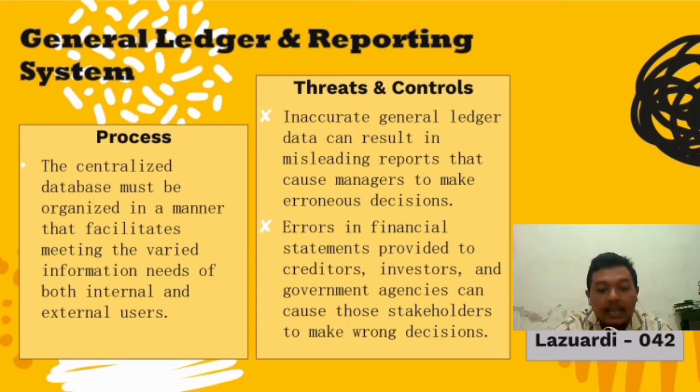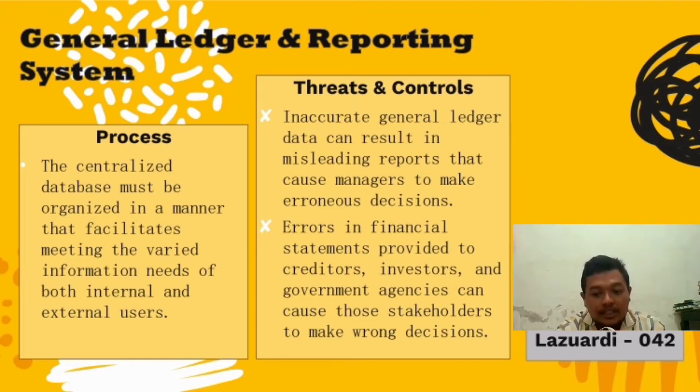Similarly, errors in financial statements provided to creditors, investors, and government agencies can cause those stakeholders to make wrong decisions. It will have a huge impact if the data is inaccurate, because the data provided will be used by both internal and external users.